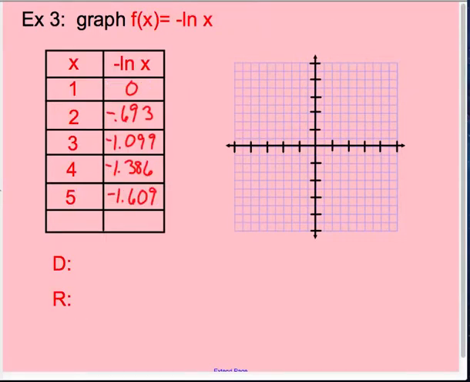And the next one is negative natural log of x. So think about, basically, we just multiplied all our y values by negative. So what will that do to the graph? Let's plot the points quickly.